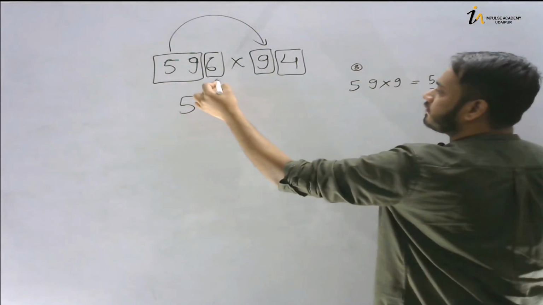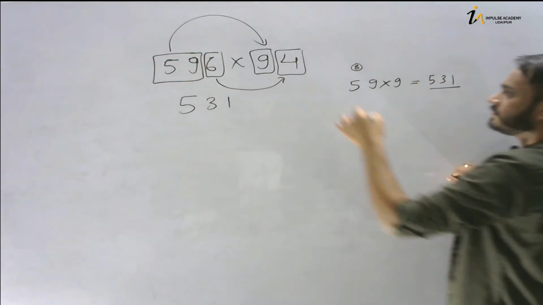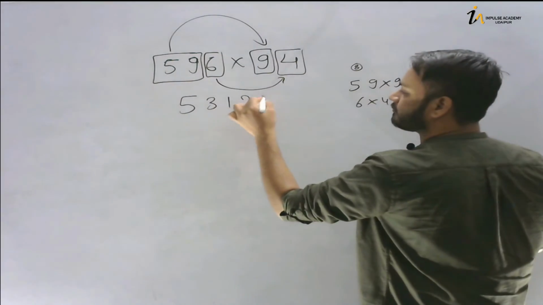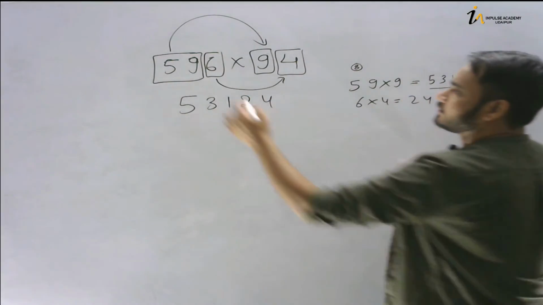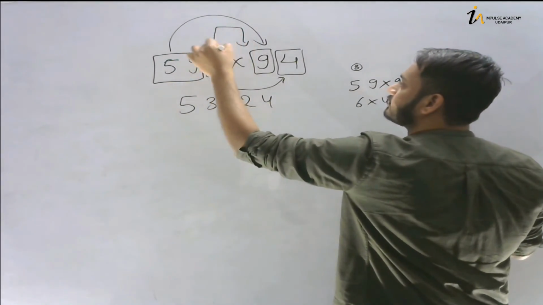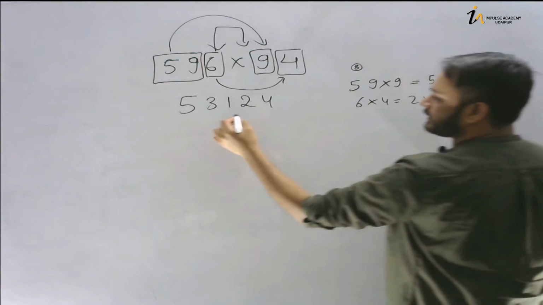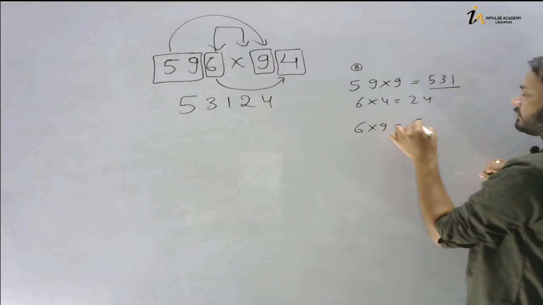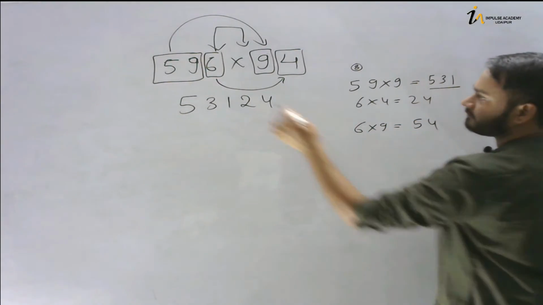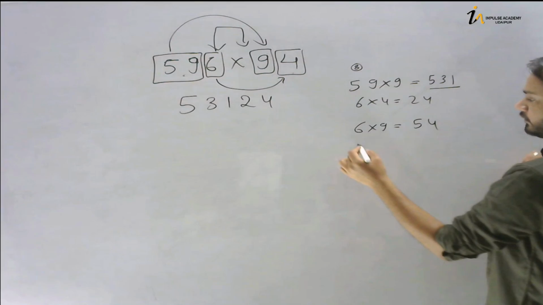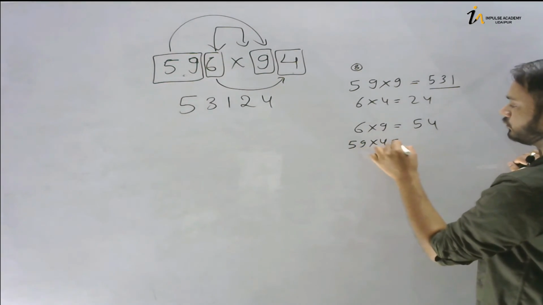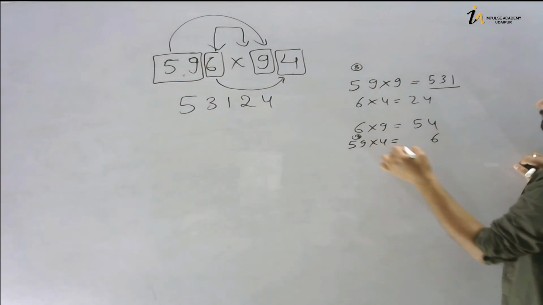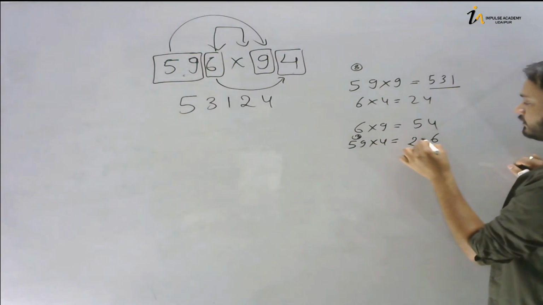Now 6 fours are 24, so we write 24 as it is. Then 6 into 9, 6 nines are 54. And then 59 into 4: 9 fours are 36, 3 carry here, 5 fours are 20, plus 3 is 23.